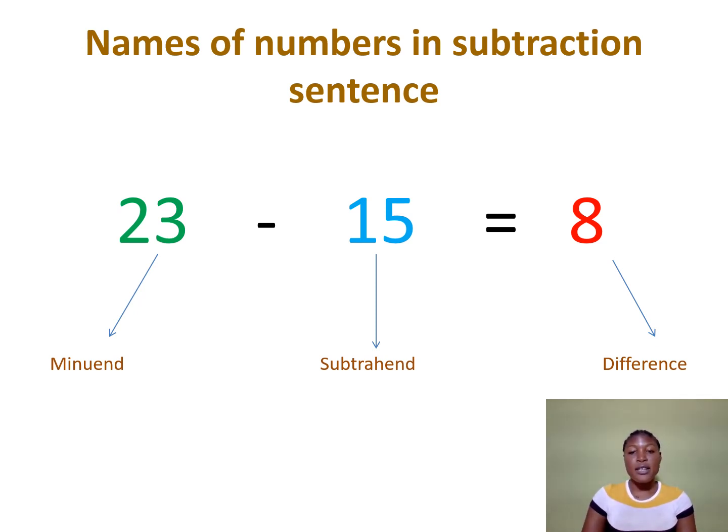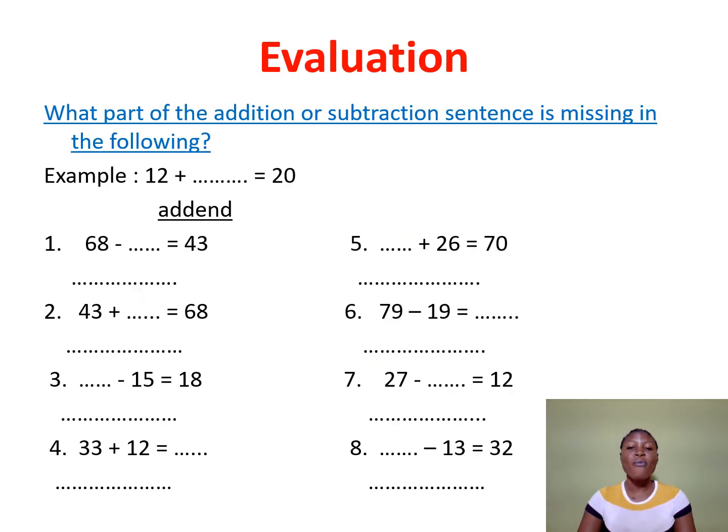Difference. So now you know the names of numbers in subtraction sentences. The first is called the minuend, the second is the subtrahend, and the third, which is the remainder, is called the difference.